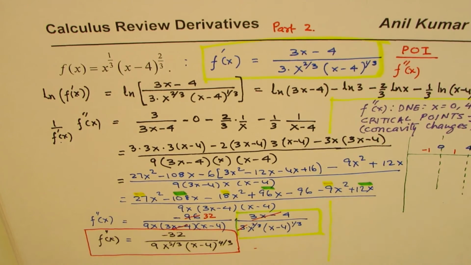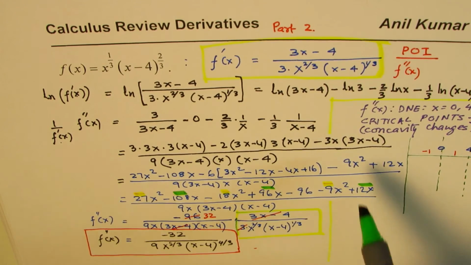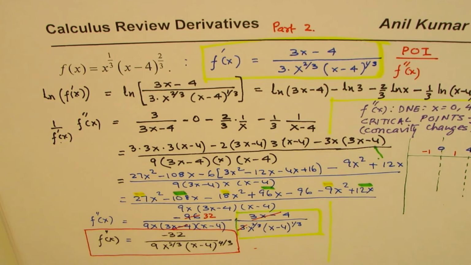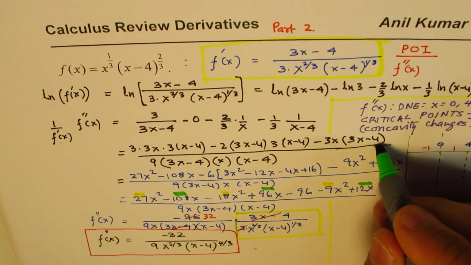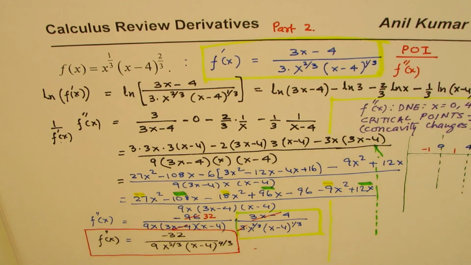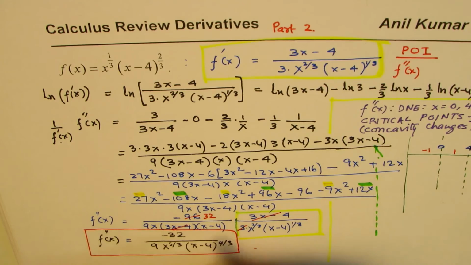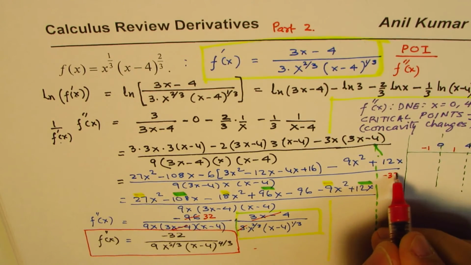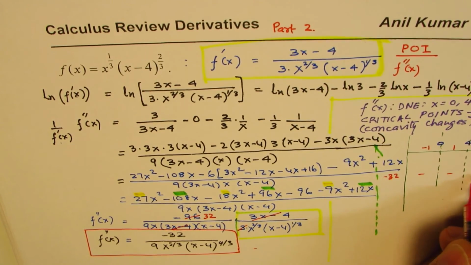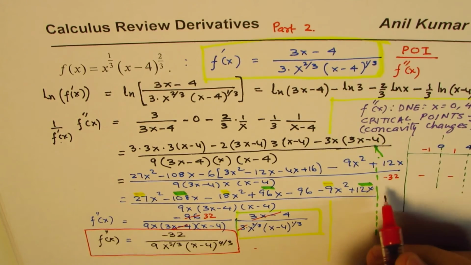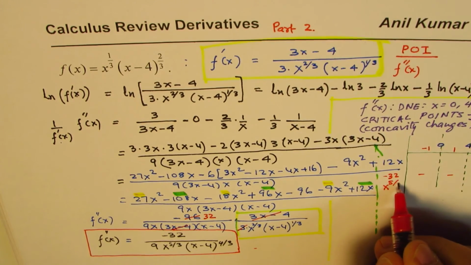Okay, think like this, bear with me. So we have this minus 32. So minus 32 is always negative. So we'll make this negative.